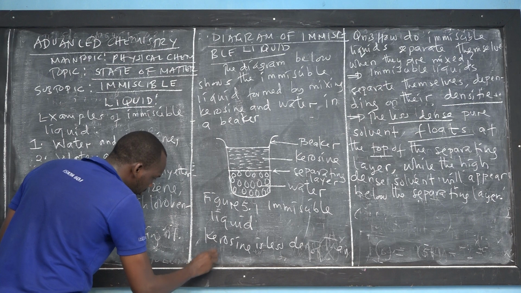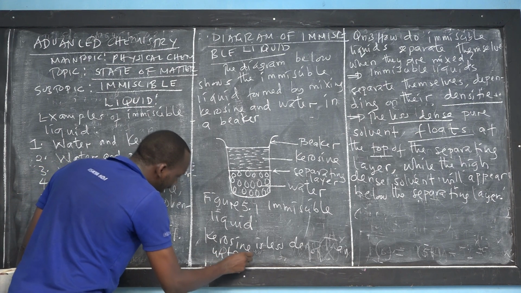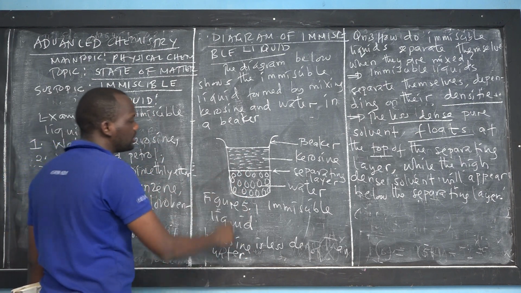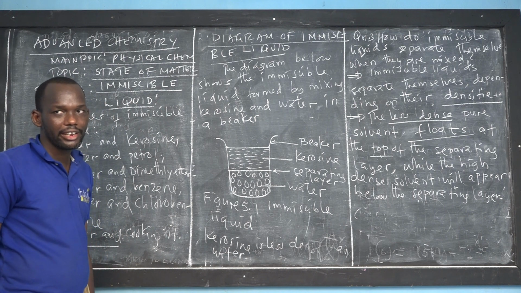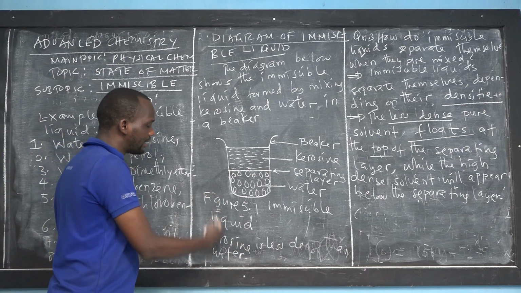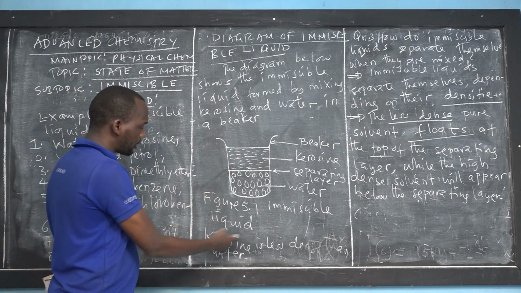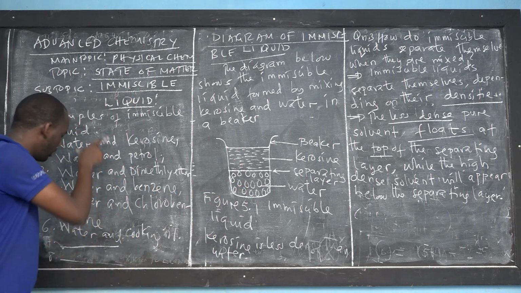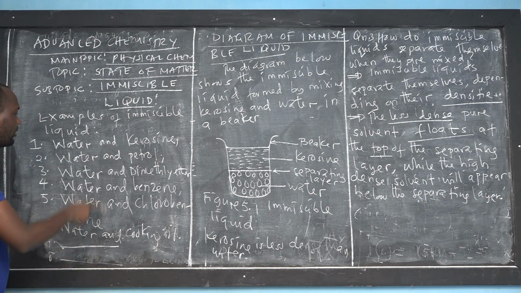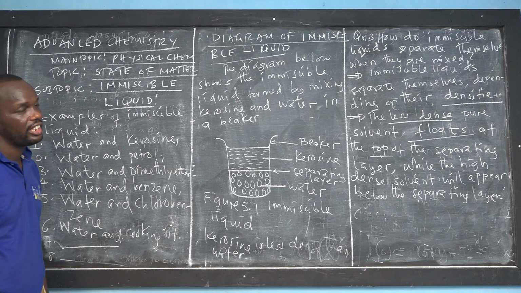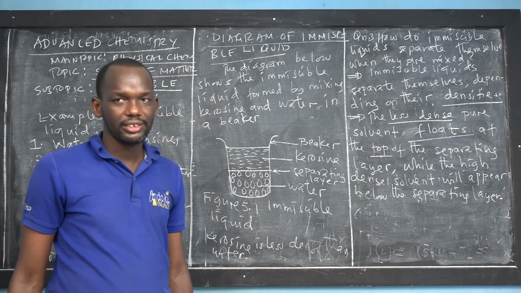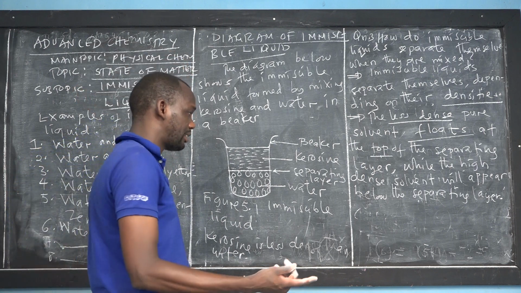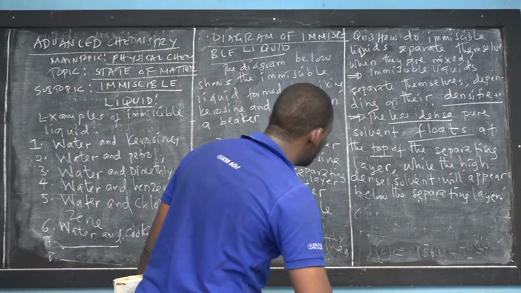That's why it appears at the top of the separating layer. Okay, interesting. So that's why kerosene appeared at the top of water. Even in all of these examples, you'll find that you have a higher density solvent and a less dense solvent, right? So that's what you have to bear in your mind.